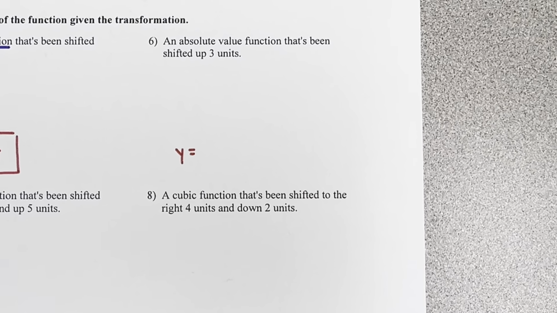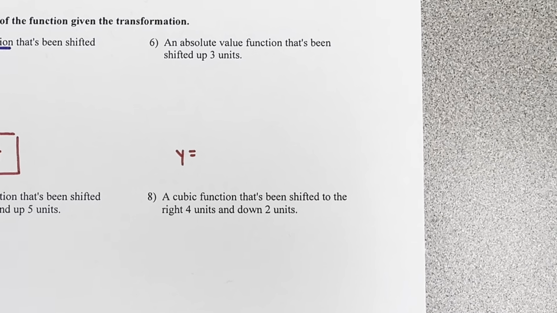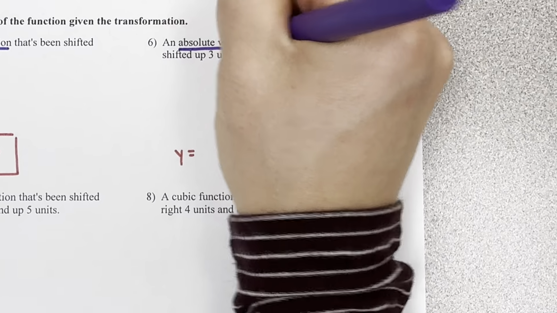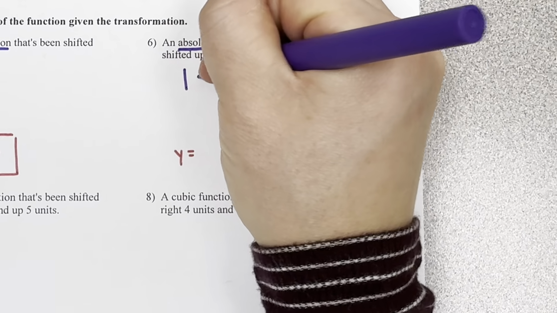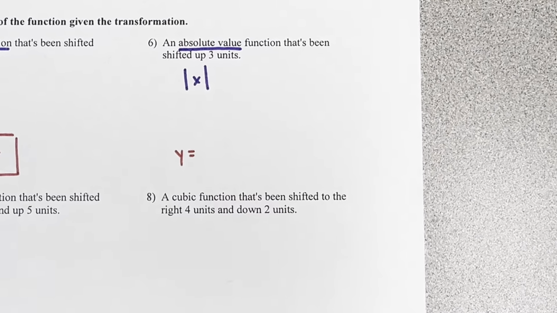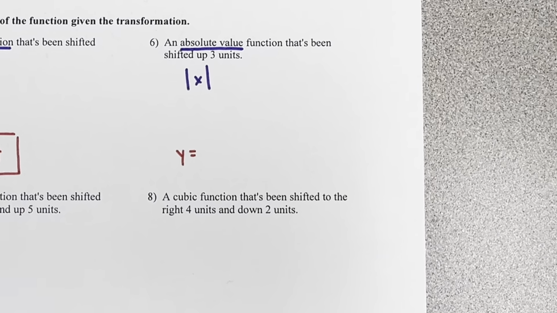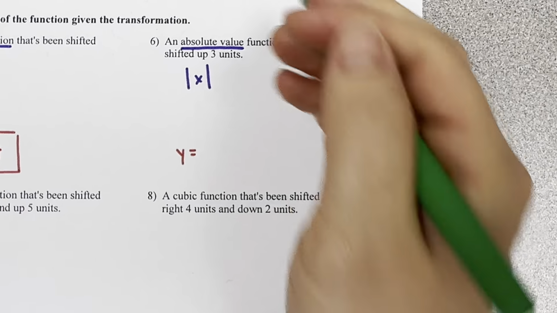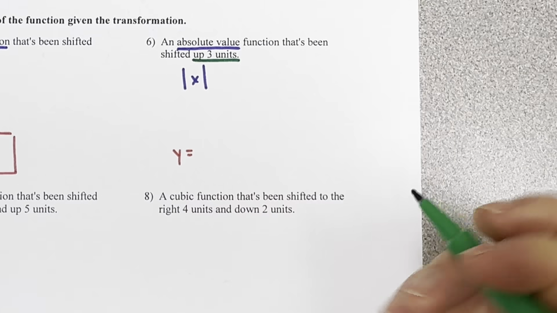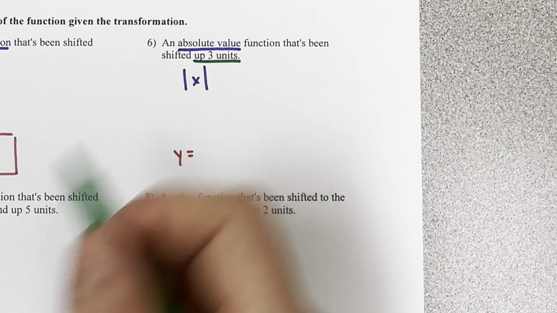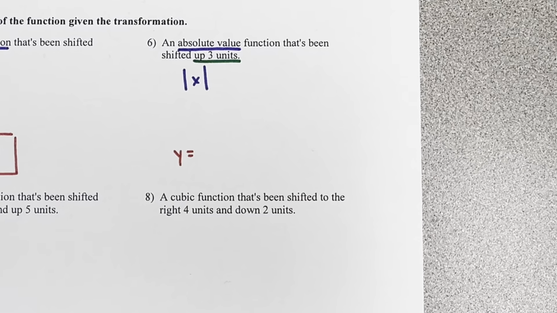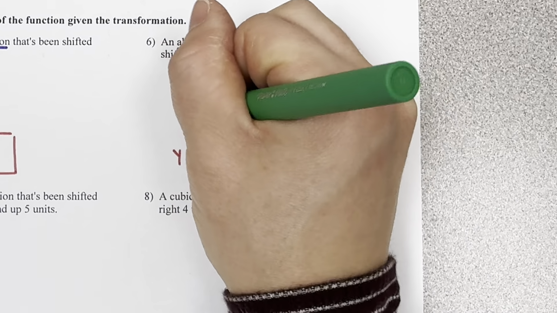Okay, number 6. An absolute value function, let's start there. An absolute value function means the absolute value of x that's been shifted up 3 units. Remember, up and down, we do not put on the inside of the absolute value. So we're going to have our absolute value of x.